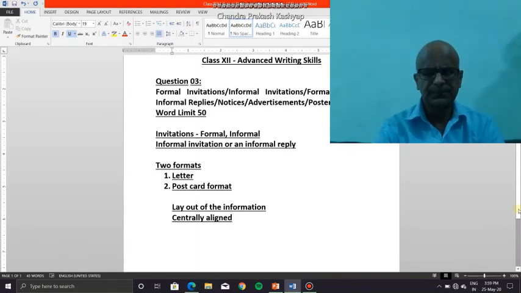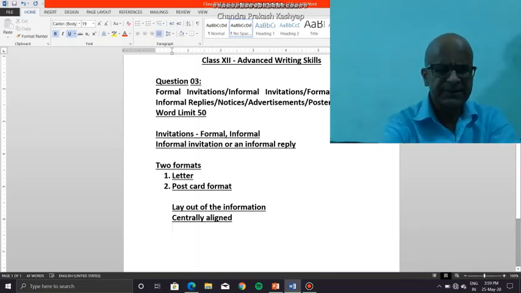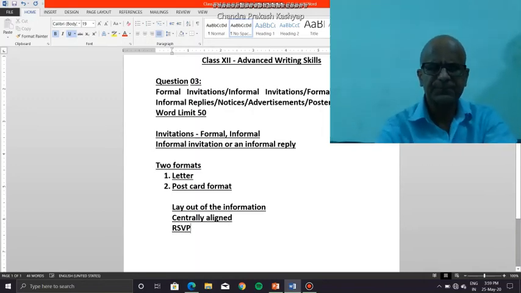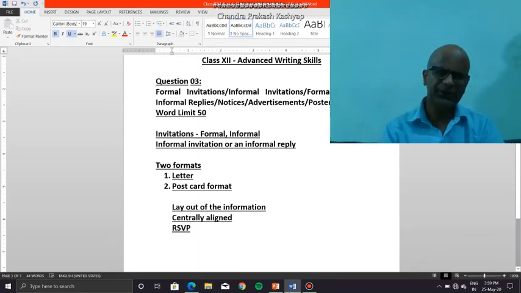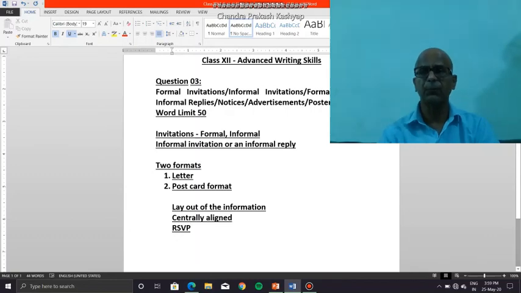The information is centrally aligned, and most important thing before we proceed any further, the letters R, S, V, P happen to be an intrinsic part of a formal invitation.